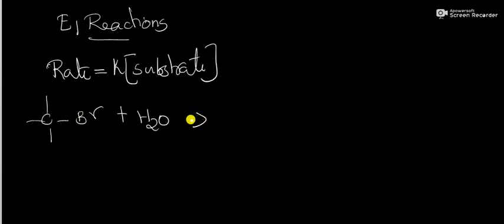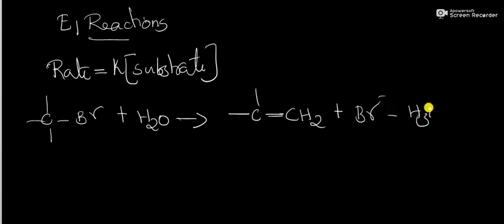It will convert into alkene, CH3, C, CH3, double bond CH2, by the elimination of Br minus plus H3O plus. This is dehydrohalogenation followed by the E1 mechanism.